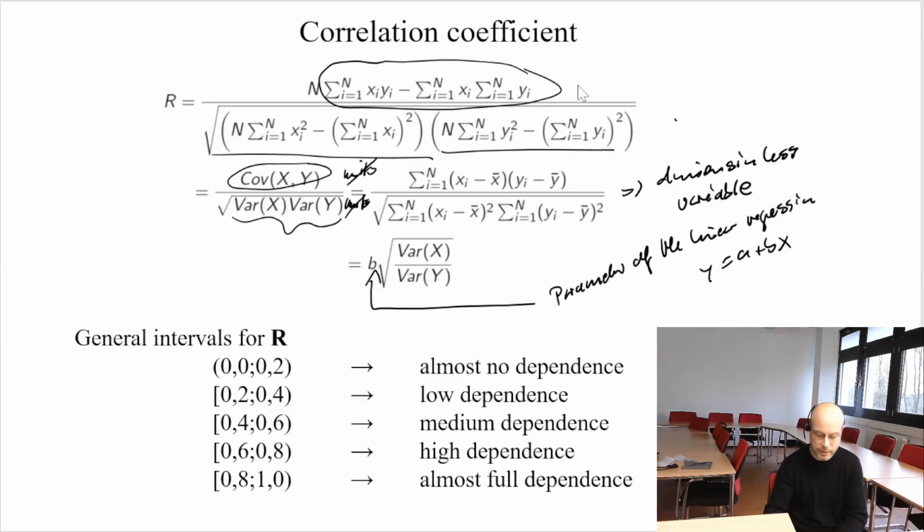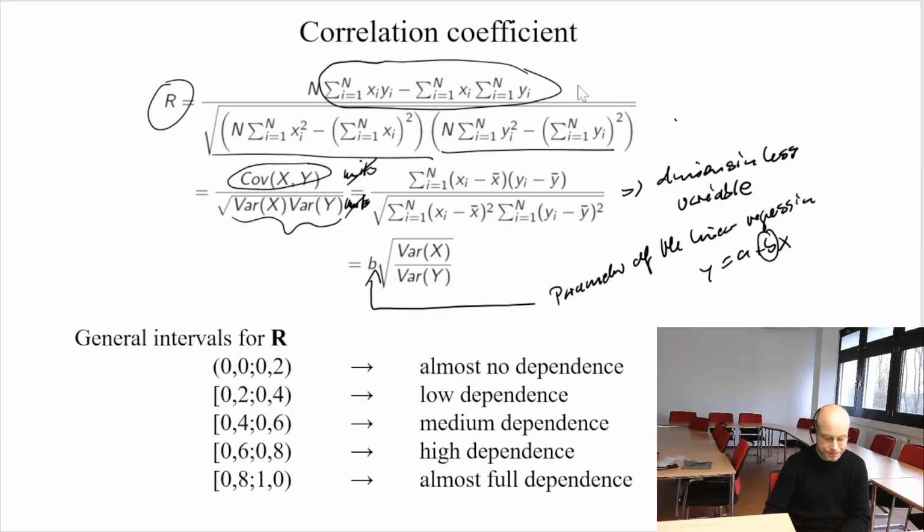And this is also not very surprising. Remember, this was the slope of our linear regression, and if this slope is negative, then we have negative dependence. Then, of course, our correlation coefficient R should be negative, and if we have a positive slope, then of course this correlation coefficient should also be positive.